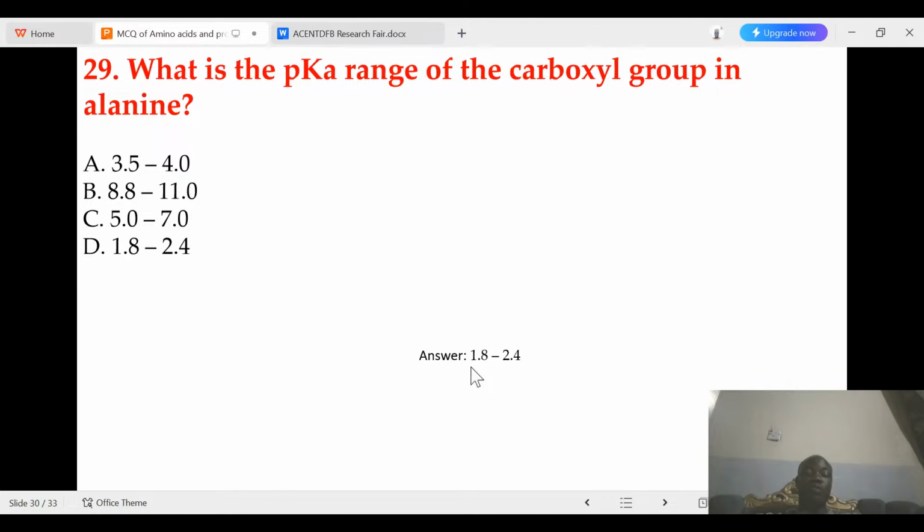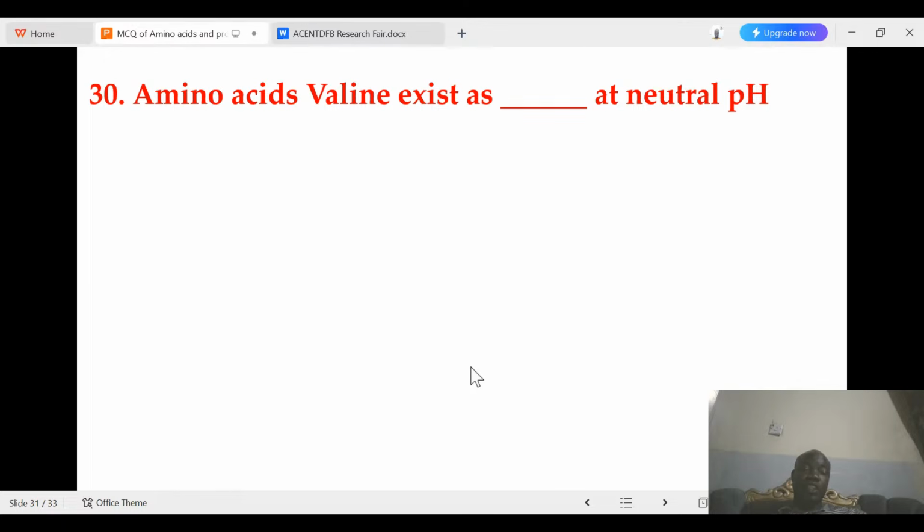The answer is 1.8 to 2.4, because alanine has a carboxylic pKa of about 1.8 to 2.4. So let's move to question 30.